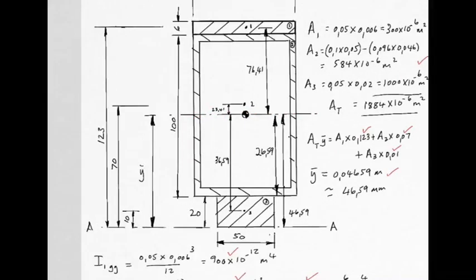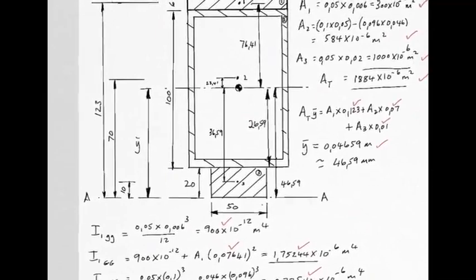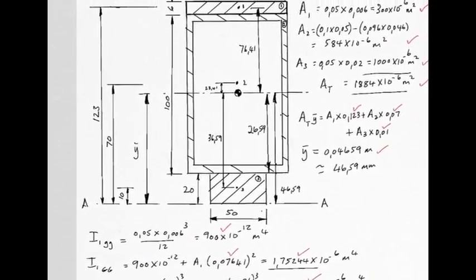So down to business. Second moment of area of shape 1 about its own centroid. Remember, BD cubed over 12 gives you that value, 900 times 10 to the minus 12. It's not the axis where we want the answer. We've got to use the parallel axis theorem and find the distance from here to this new centroid that we have down here. And that turns out to be 76.41 millimeters.